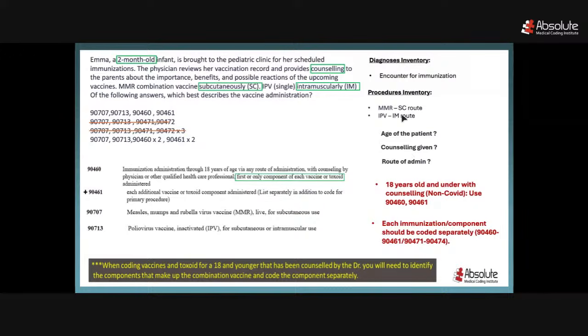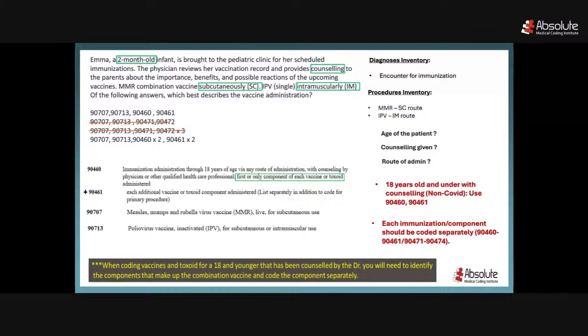So we have two vaccines given in our scenario, MMR and IPV. So MMR, join with me, coders, in the chat and tell me how many components are there in MMR? Three, right? Do you agree? Yes, MMR has three components: measles, mumps, and rubella.